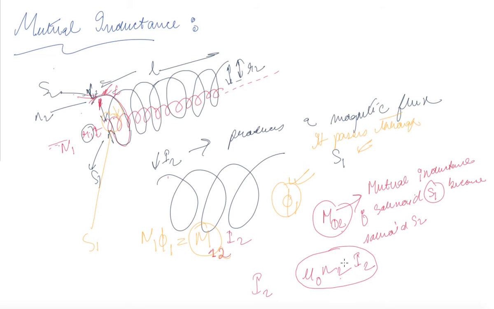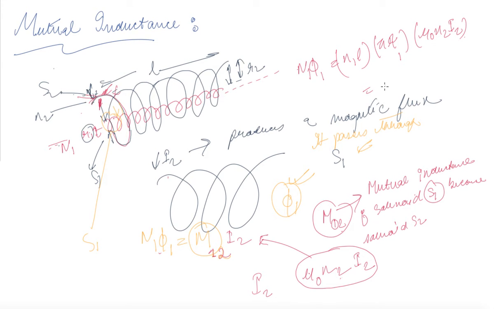If you put this value over here, N1 phi 1 is equal to N1 L into pi r1 squared, because of the area, into mu naught N2 I2.